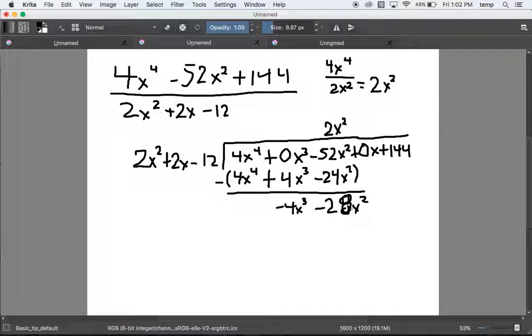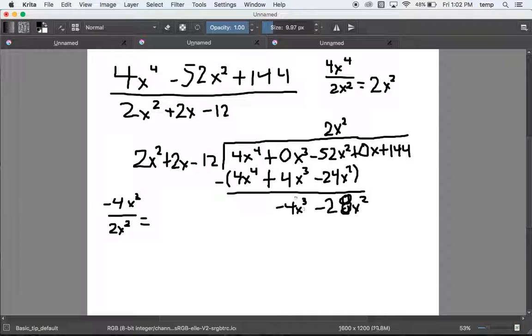Okay, so that's the first step. Next step is pretty similar. We take our first term, which is now what we're trying to divide. So we take negative 4x cubed, and we divide by the first term in our divisor, 2x squared.